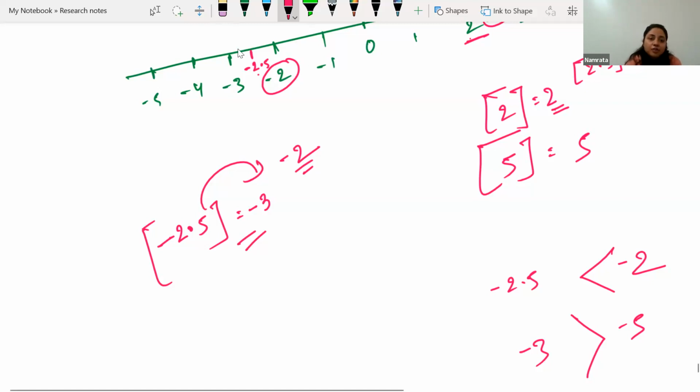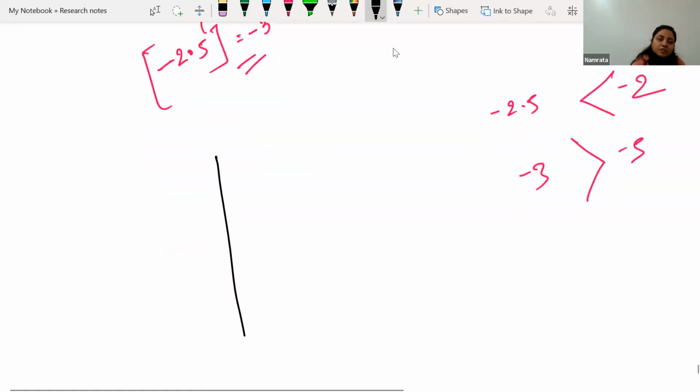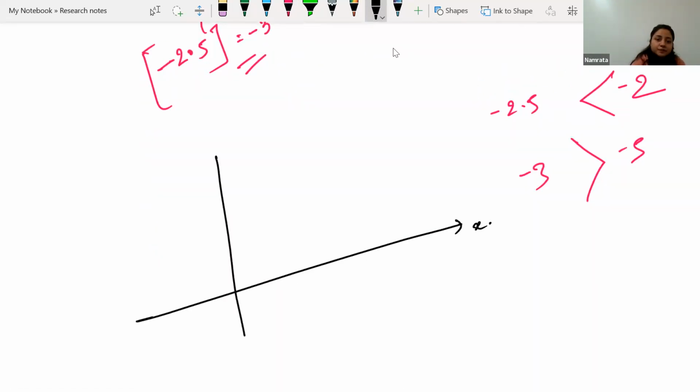Now the graph of a step function looks like this. I believe this one is clear to everyone. If we have 1 over here, 2 over here, 3 over here and 4 over here, then you can see the graph.